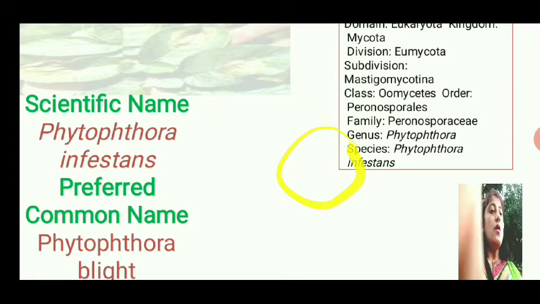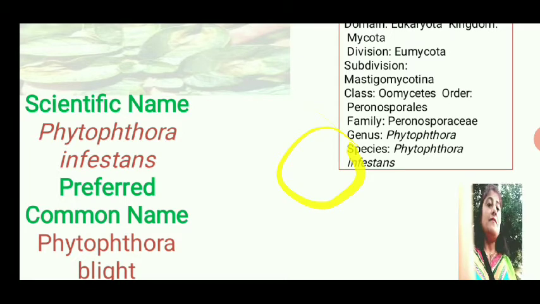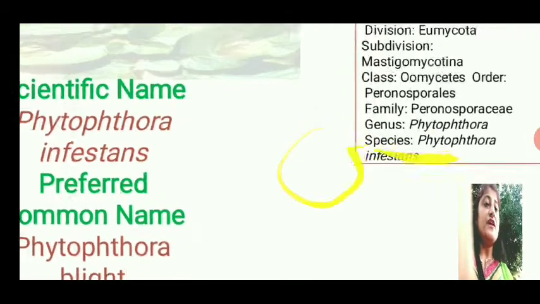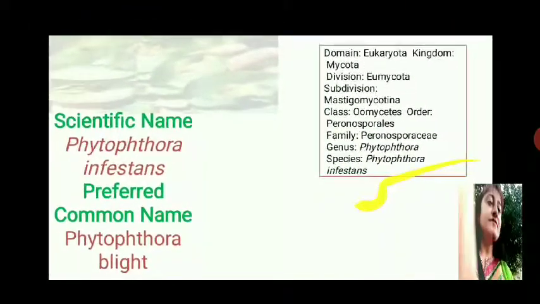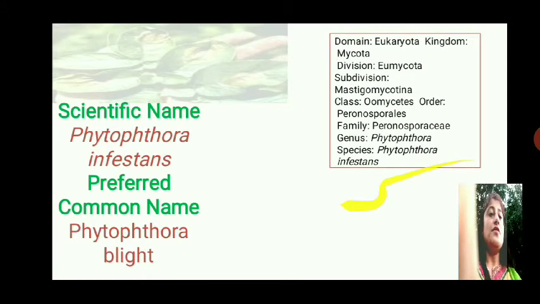They belong to the order Peronosporales, family Peronosporaceae, genus Phytophthora, and the most infective and deadly species of Phytophthora is Phytophthora infestans. As we already know by this time, this is the causal organism of the deadly disease late blight of potato.